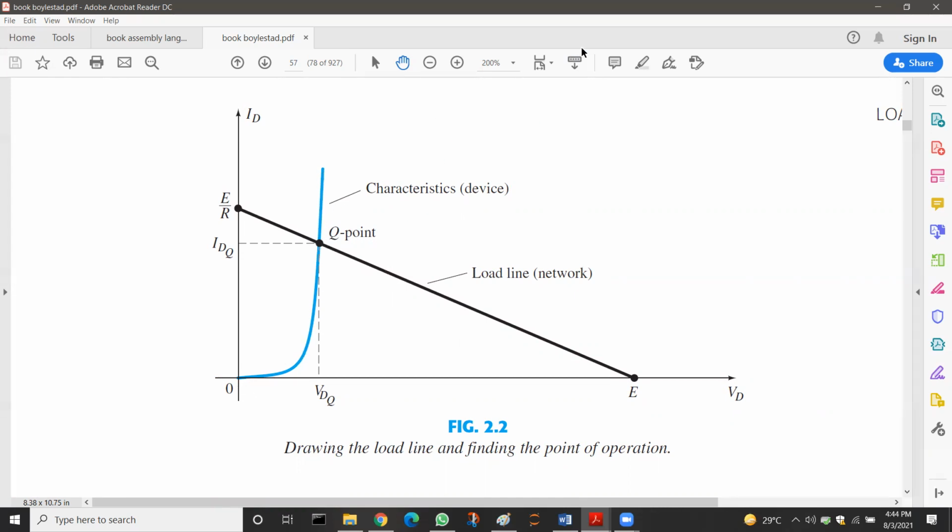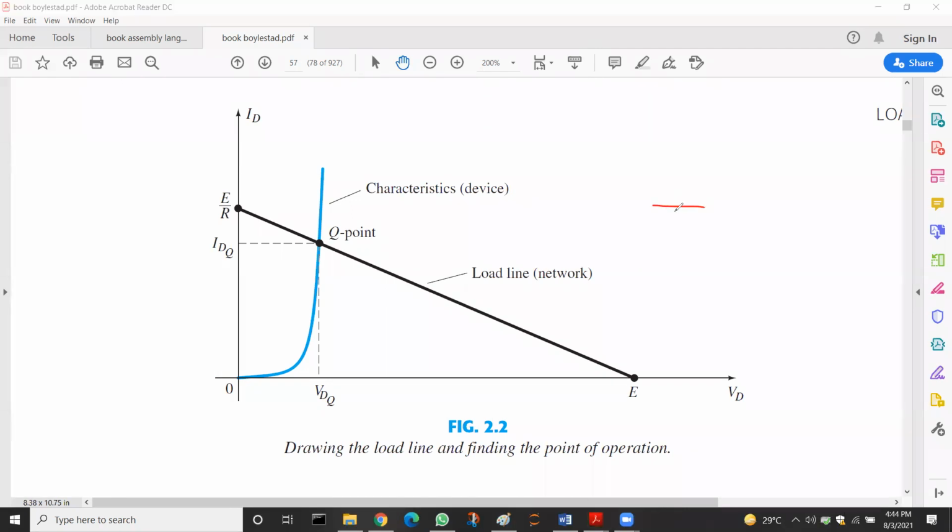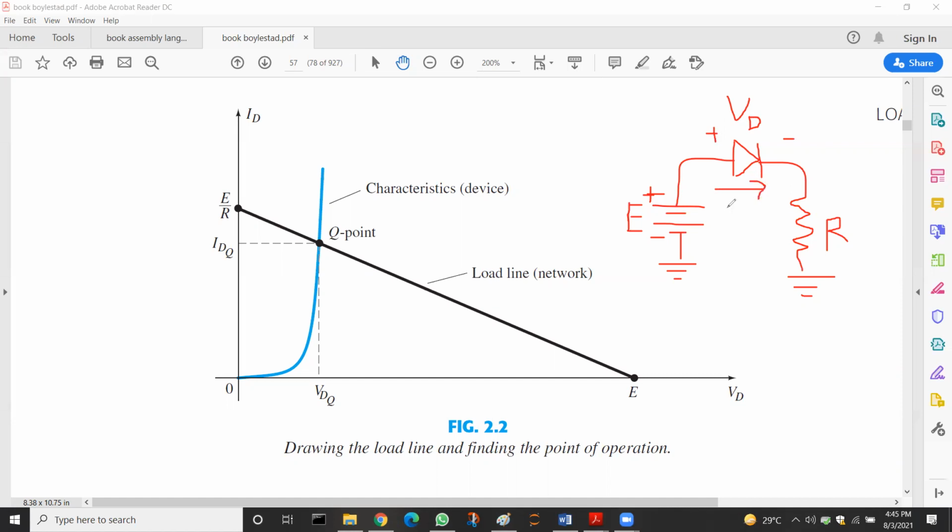Consider the earlier circuit which was shown before. If you look at this circuit, a voltage source was mentioned, and the polarities of this voltage source are given, and a diode is present in the circuit, and also there is some resistance R. So there is the voltage across the diode and similarly the current through this diode.